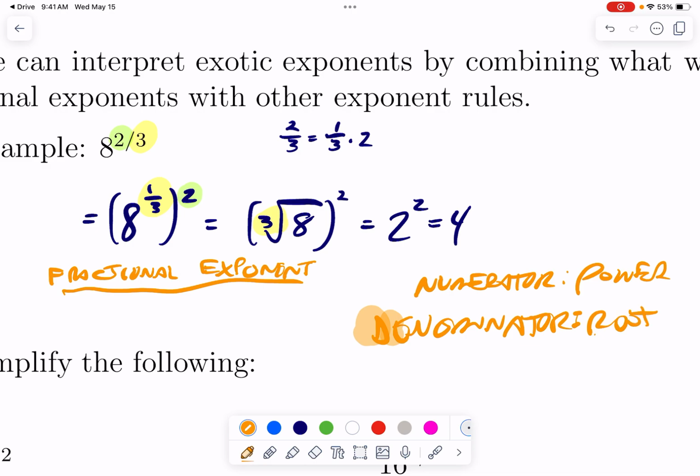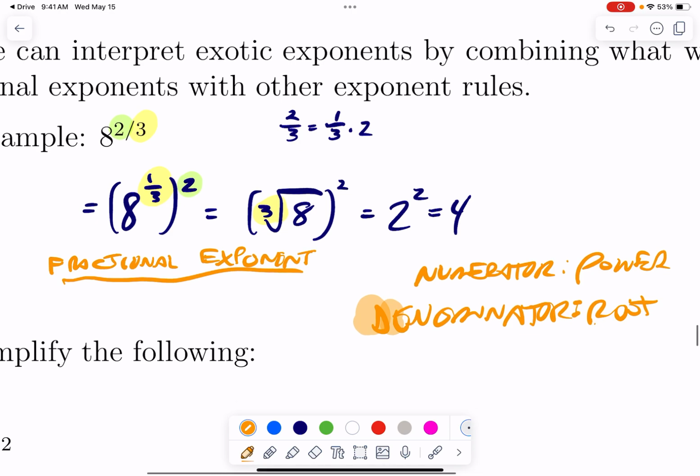So we have two operations in play. When we raise something to the 2/3 power, or the 3/4 power, or the 3/2 power, anything like that, some of it is giving us a power, some of it is giving us a root.